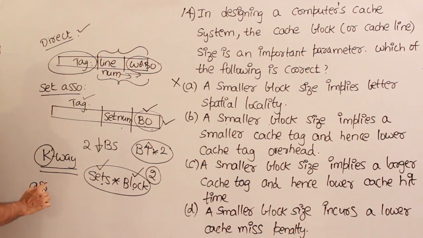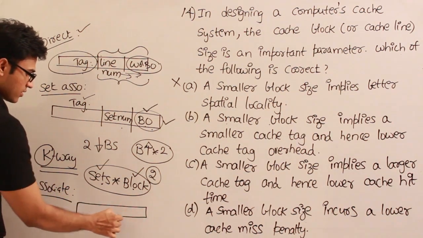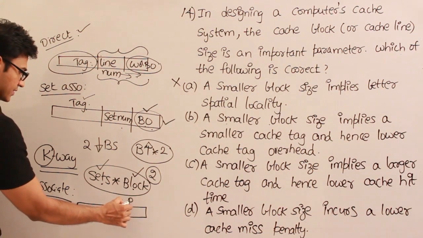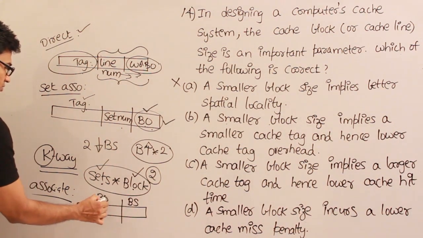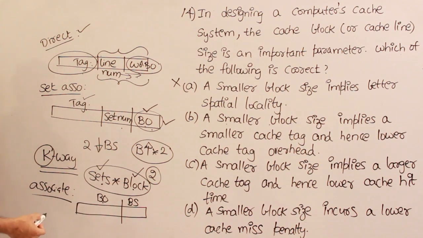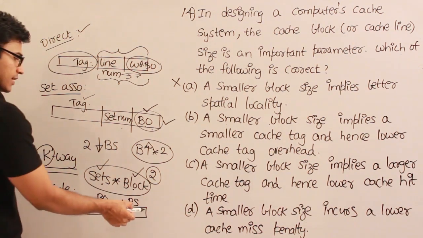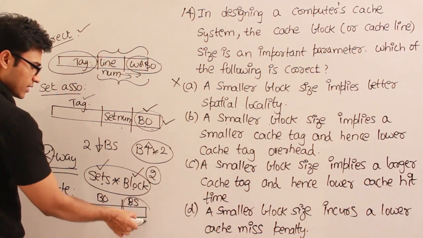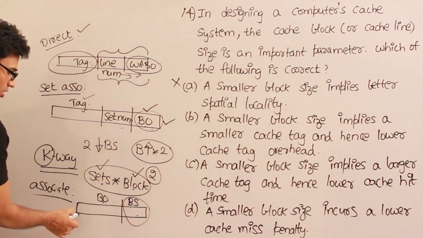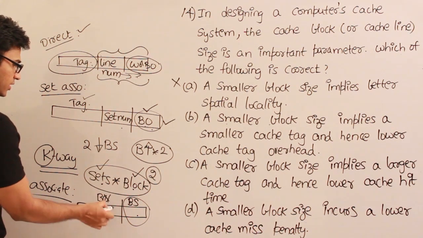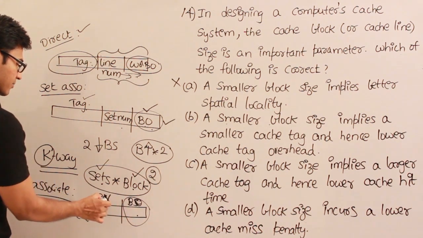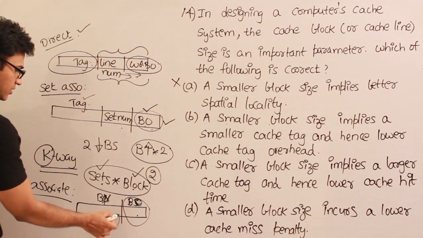What about fully associative mapping? Here the physical address is divided into two parts: the block number and the block offset. The block number is also the tag here.